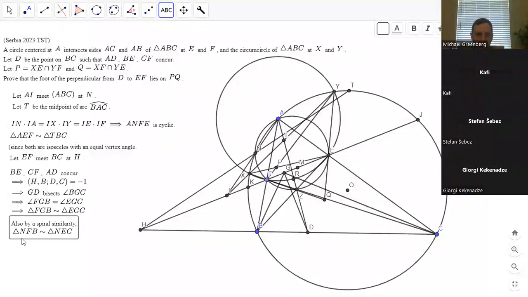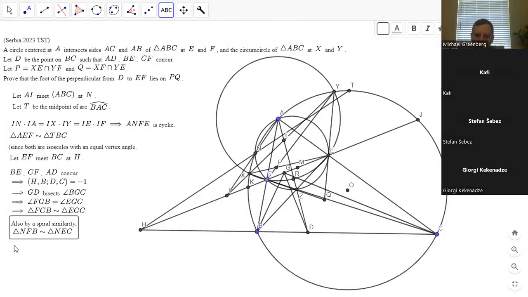So basically, FG over GE is... sorry, now I'm just confused.